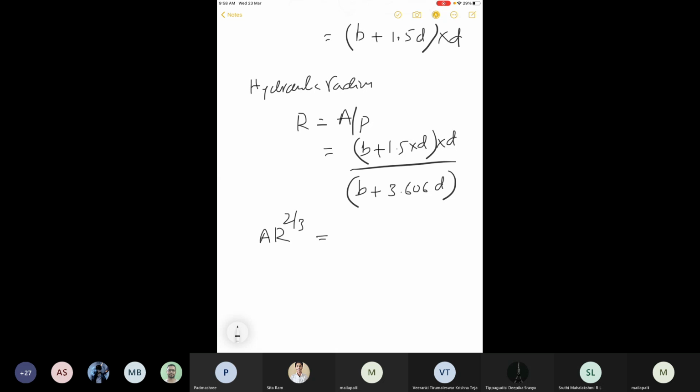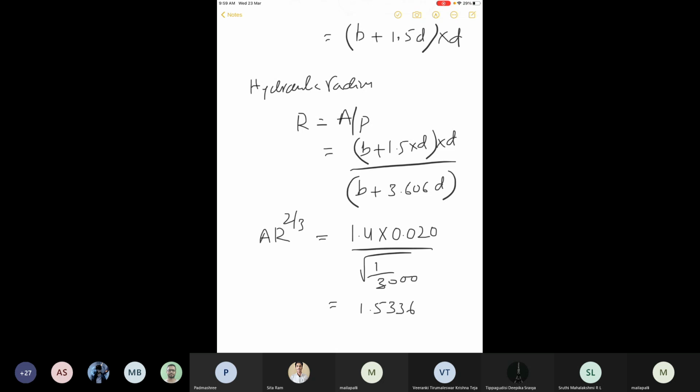So A R power 2 by 3 will be 1.4 into 0.020 divided by square root of 1 by 3000, and we have that value, 1.5336. That's already there.